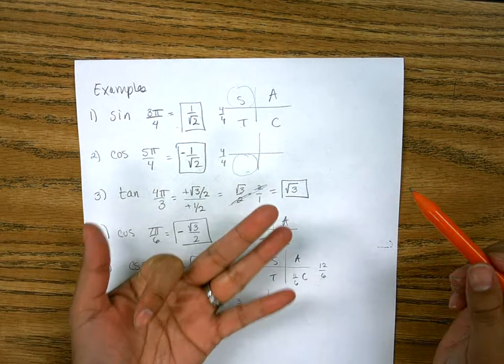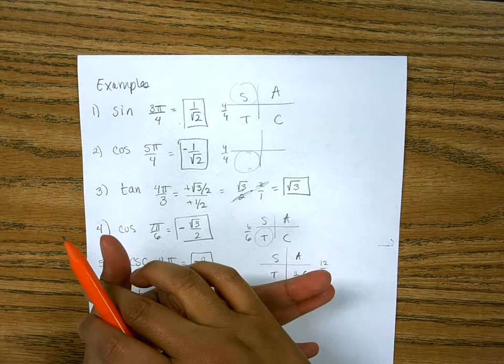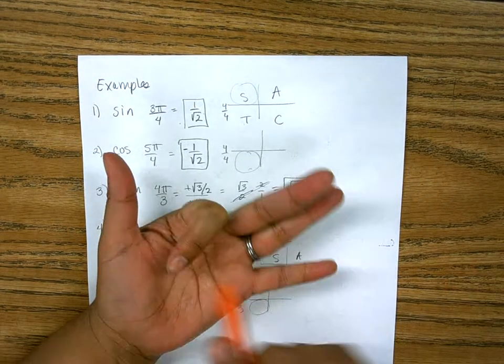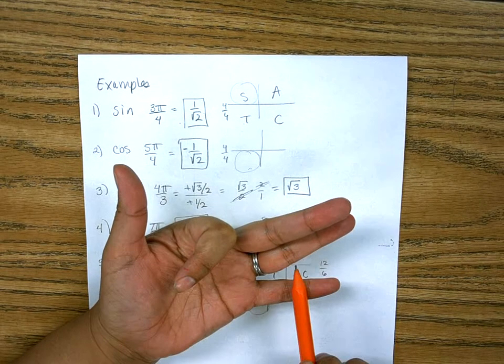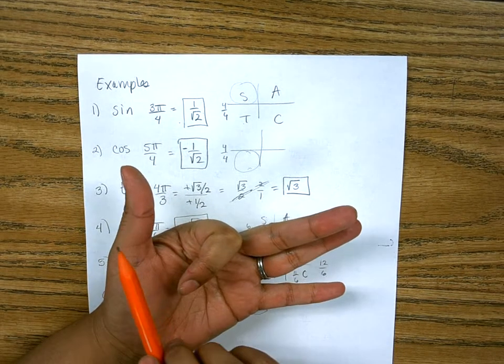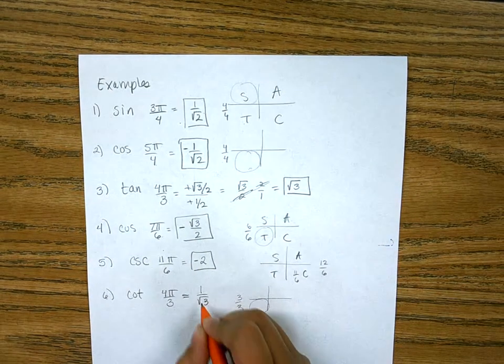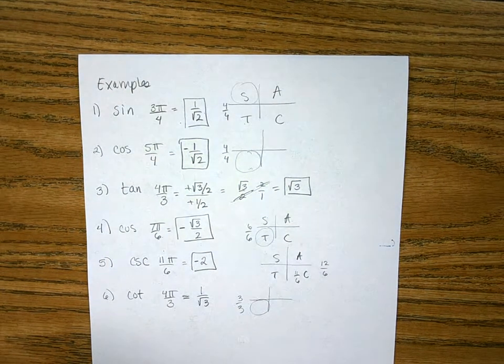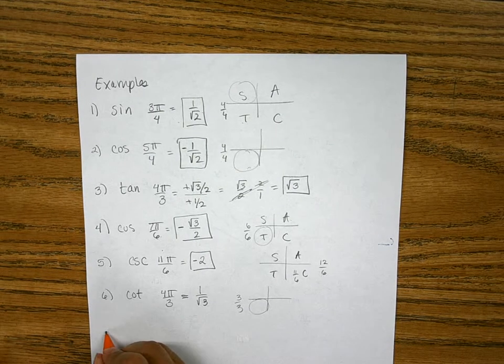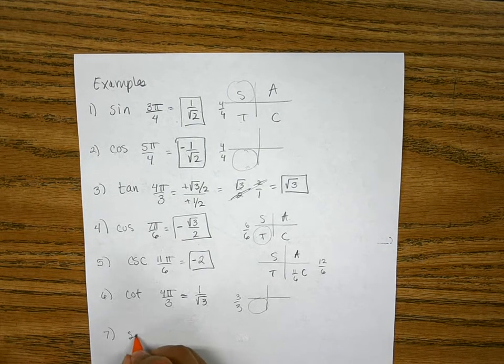Here's the 60. Tangent is y over x. So cotangent's going to be x over y. So it's going to be 1 over root 3. Again, if you don't like the hand trick, you could just use your unit circle. In the end, you want to work on memorizing it.